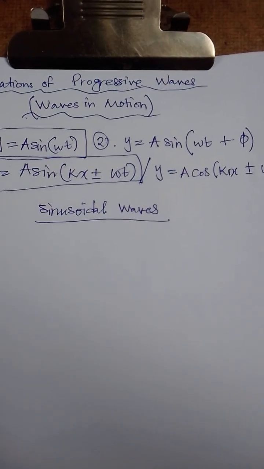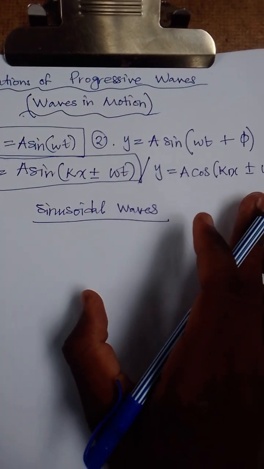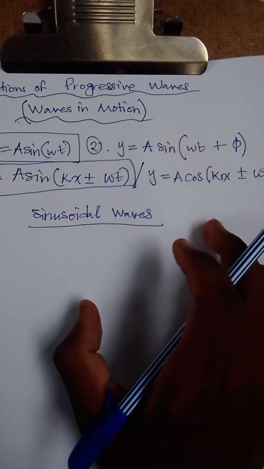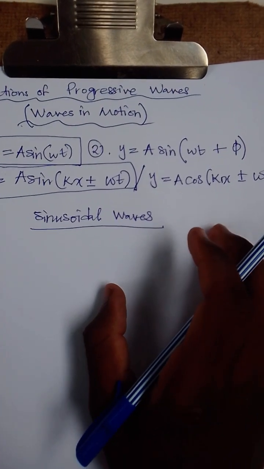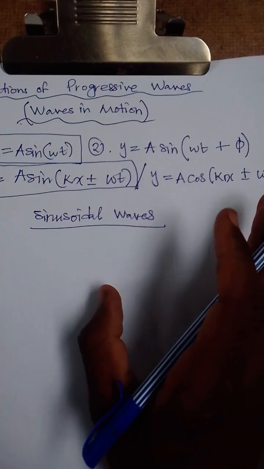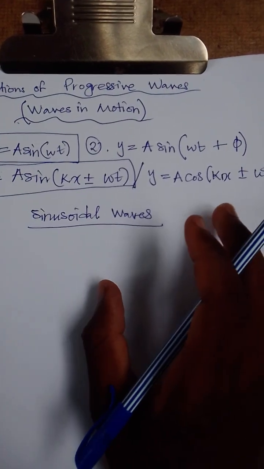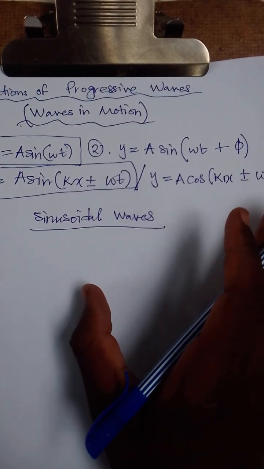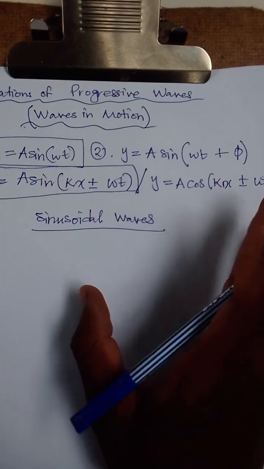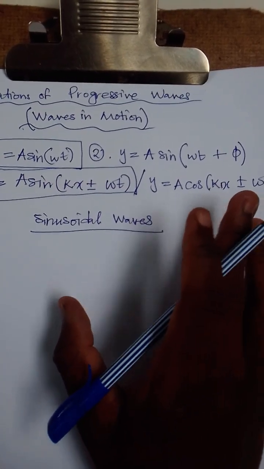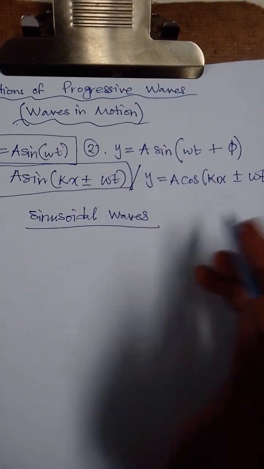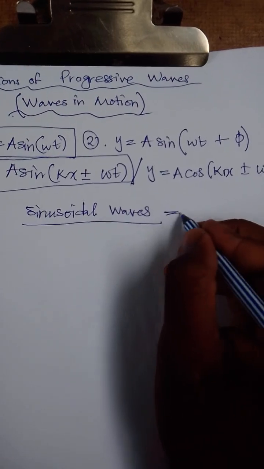It is a progressive wave if it travels through the medium. It can form a standing wave when two identical waves move in opposite directions, but you just have to know that, it's not necessary for now. So let me just describe it.